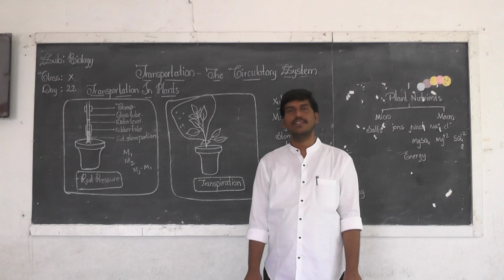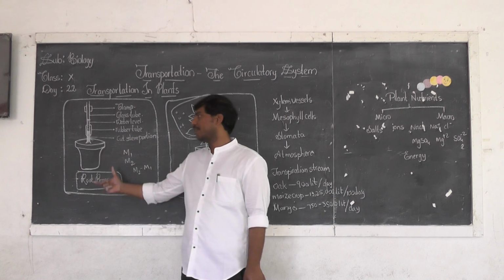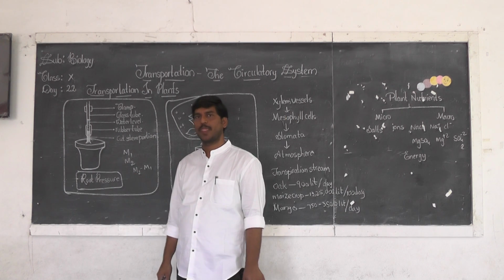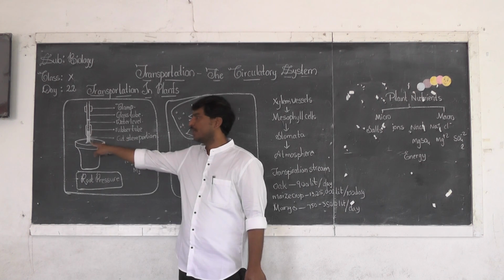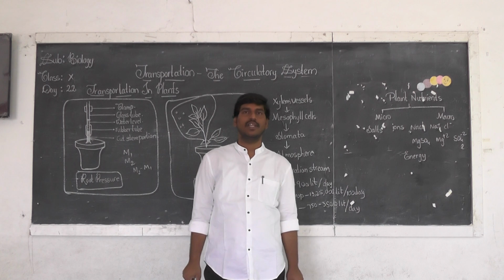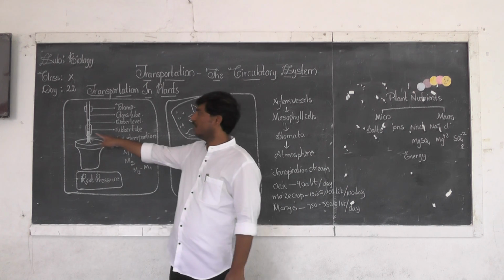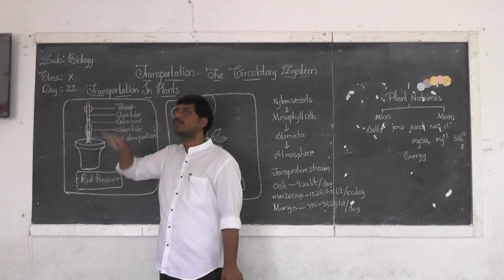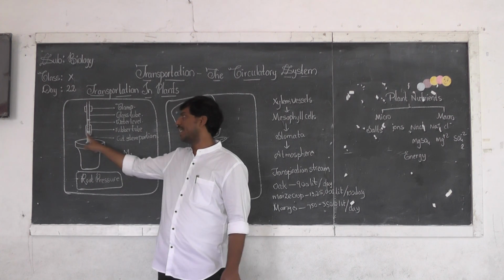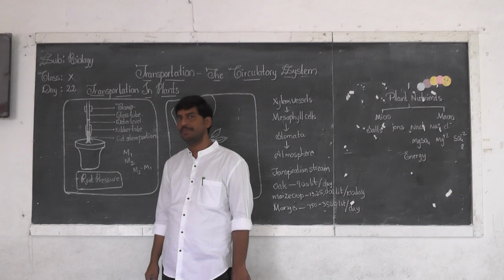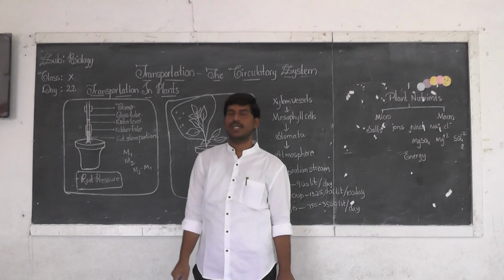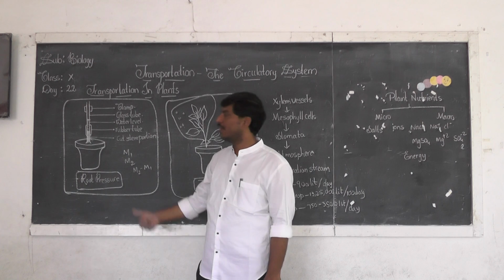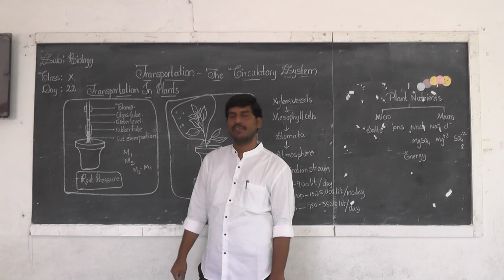To demonstrate this root pressure, we took a healthy potted plant, then cut down the stem such that only 1 to 2 centimeters of it is still attached, and took an equal diameter narrow transparent tube. We attached it with the help of a rubber tube. Then we watered the plant, poured certain water into the transparent tube, and noted down the level as M1.